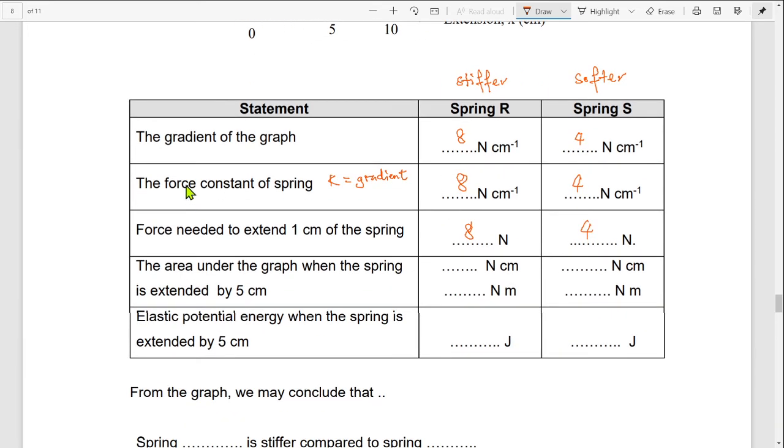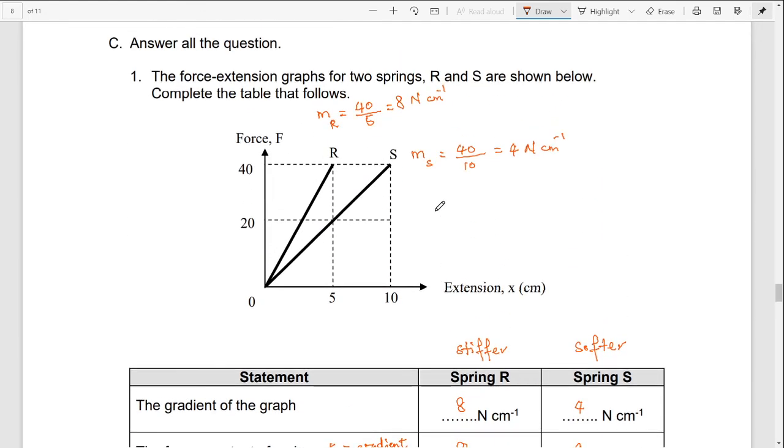Now, the area under the graph when the spring is extended by 5 centimeter. Okay, by 5 centimeter. You have to find the area under the graph. So from this point to this point. So for R, area under the graph, you see here, that will be 5 and then going up is 40, correct?